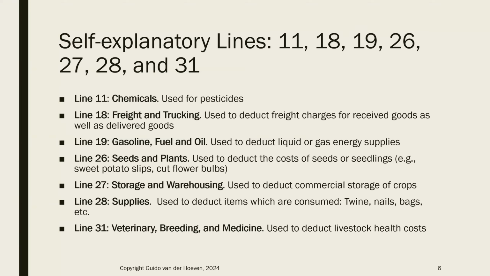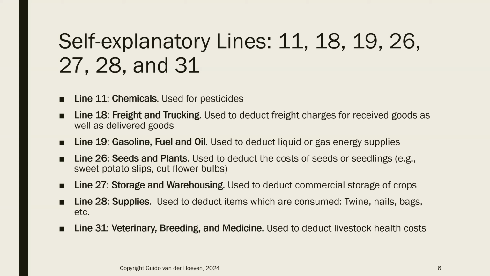Then on Schedule F, there are several what I would refer to as self-explanatory lines. This would be lines 11, 18, 19, 26, 27, 28, and 31, as you can see on the screen. So line 11 is for chemicals. Line 18 is freight and trucking. Line 19 is gasoline, fuel, and oil, anything that basically are liquid or gas energy supplies that are being utilized by the farm.